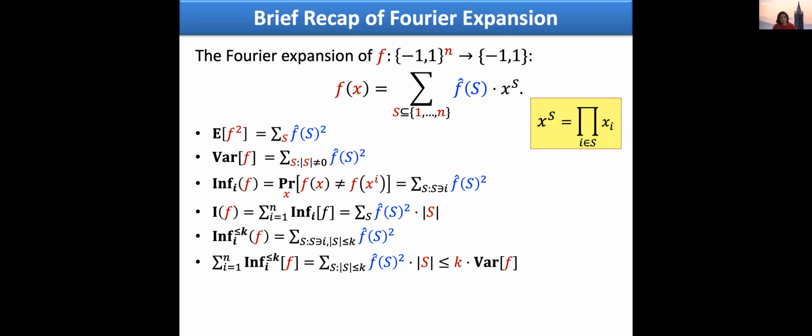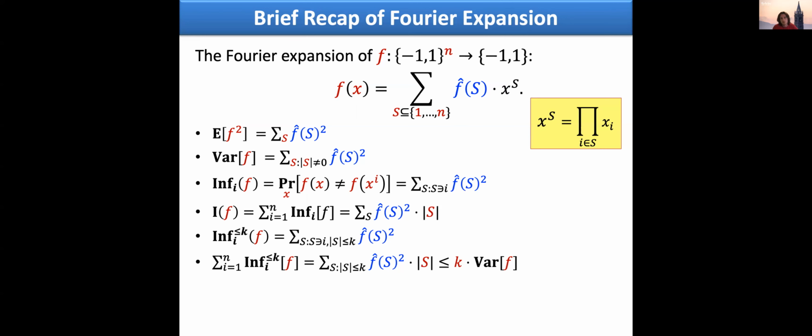A few properties of this Fourier expansion are standard, but we'll go through them. First of all, the sum of the squares of the Fourier coefficients is equal to the expectation of f squared. This is called Parseval's identity and comes from the fact that the Fourier basis is an orthonormal basis. Importantly for us, f is plus-minus 1 valued, so the expectation of f squared is 1.